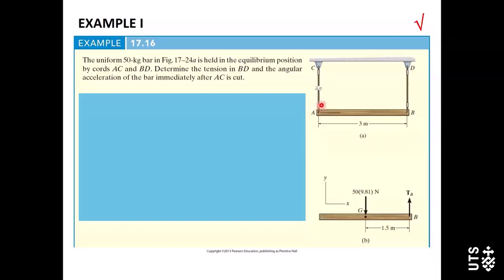What motion will it be? It will be general plane motion. The task here is to determine the tension force in BD and the angular acceleration of this bar at the instant immediately after AC is cut.